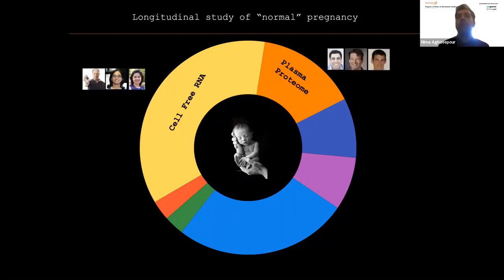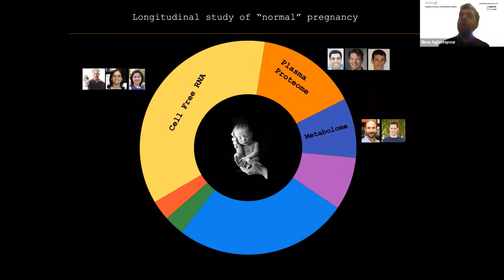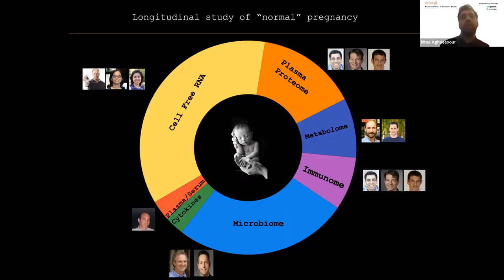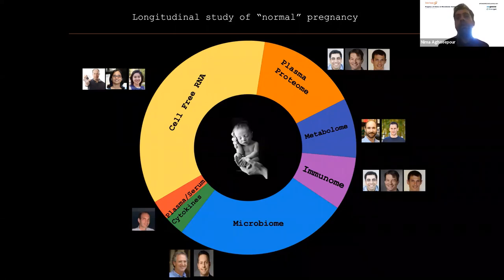We had a targeted proteomics assay developed by SomaLogic. We had metabolomics analysis of plasma also. We had our single cell profiling of whole blood, microbiome analysis from 5 different body sites, and plasma and serum cytokines. And our hope was to put all of these together to build unifying predictive models.